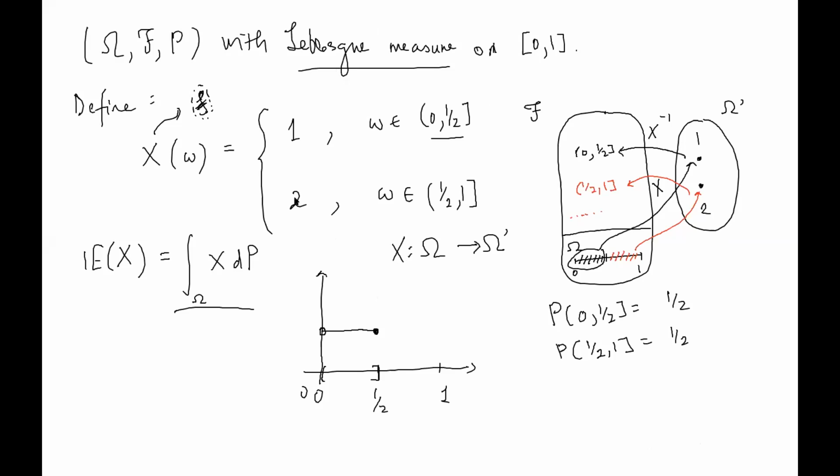So then you have this function 2 here. It starts from here and goes all the way here. So this is 1 and this is 2, right? So basically you have a function like this. This is your omega, this is your x of omega. So your x is playing the role of a function here. Right, so now it's clear.